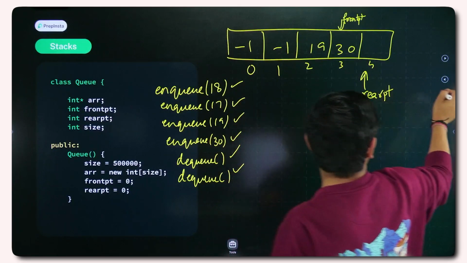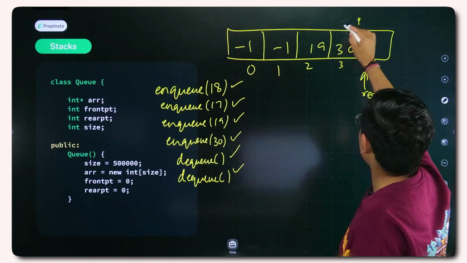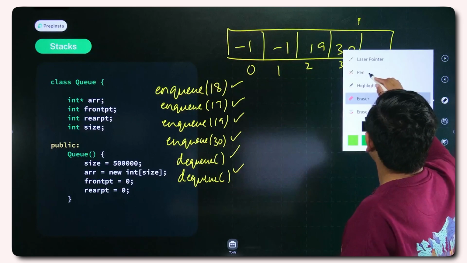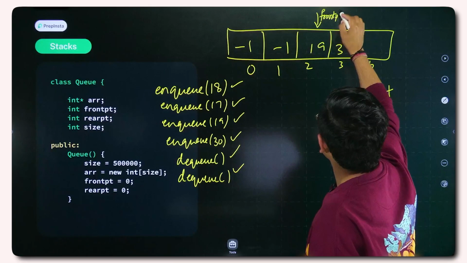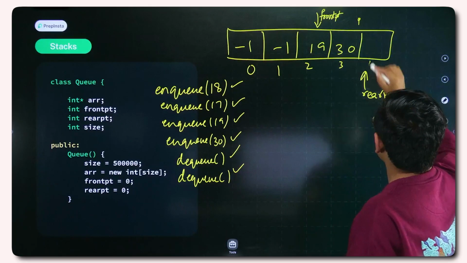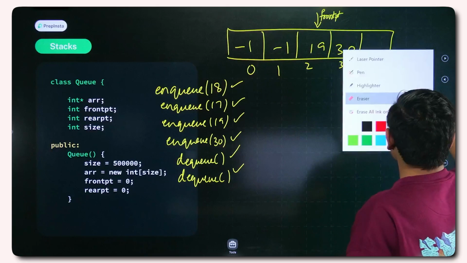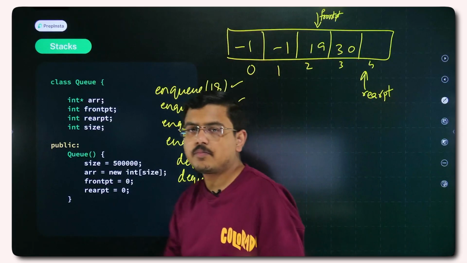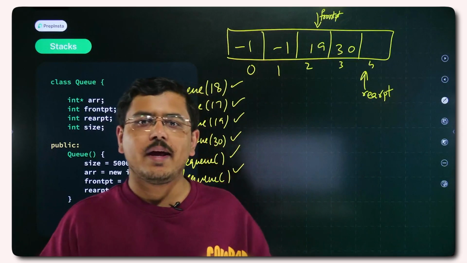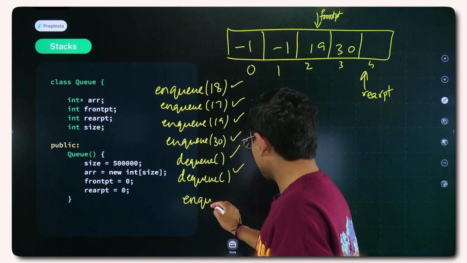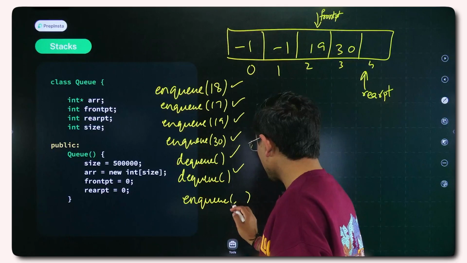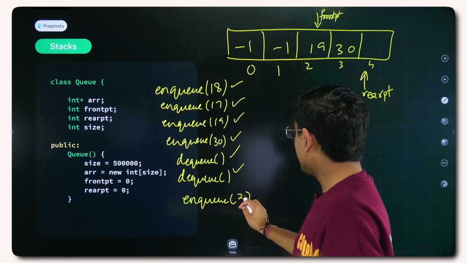Not here, pardon, front is actually pointing at this particular location now. So 19 is the front. Now, if you carefully see, if I do one more NQ and I write 20.